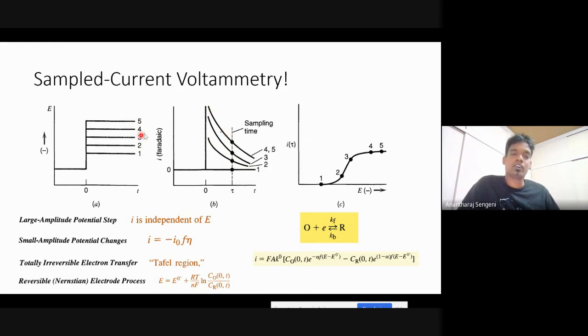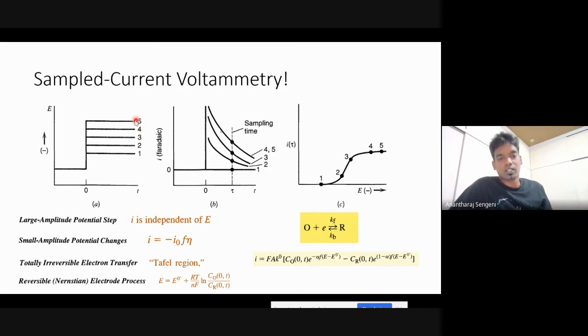But the step potential that is set in the 4th step is the maximum potential at which the charge transfer control is eliminated, because the reaction is now controlled solely by the diffusion.